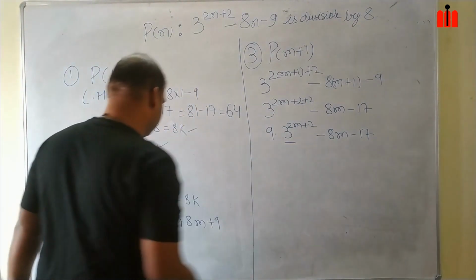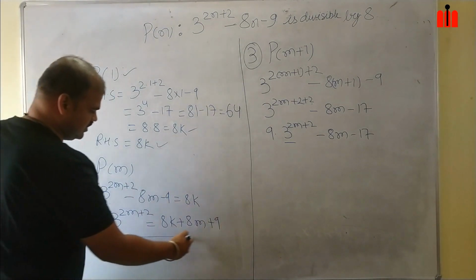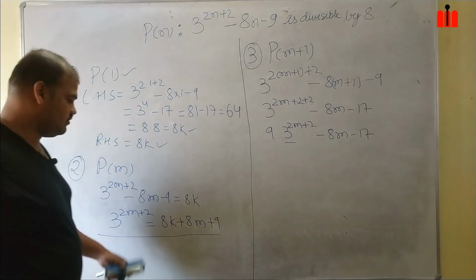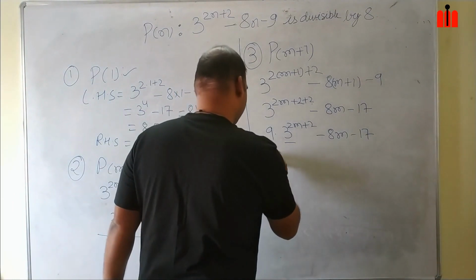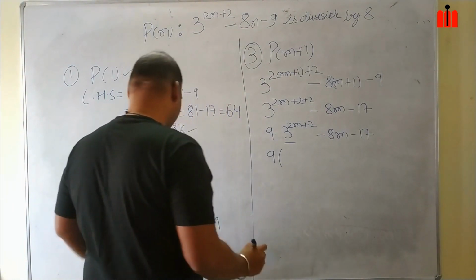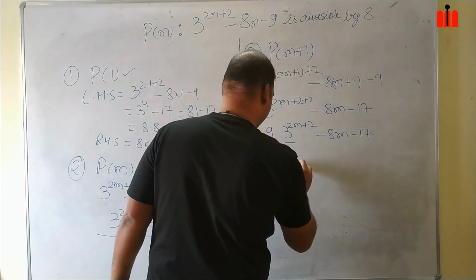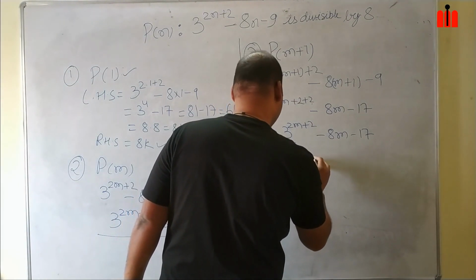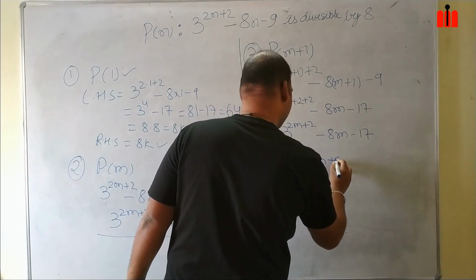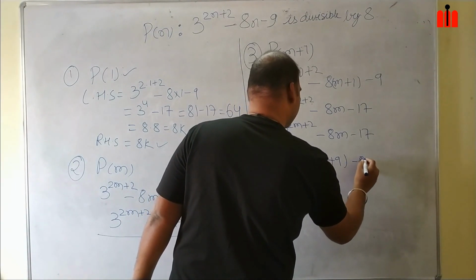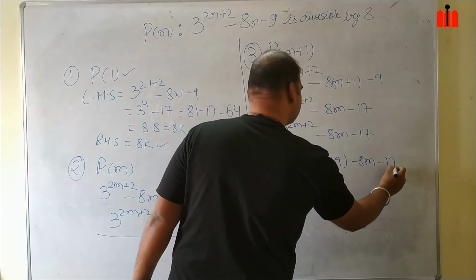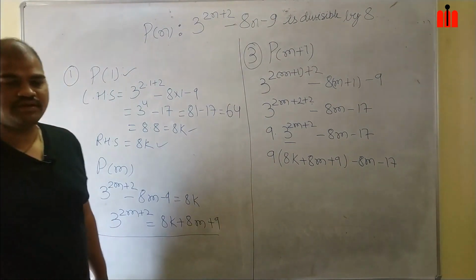What is this 3 to the power of 2m plus 2? I will substitute from here. So once I substitute from here, I will get 9 into 8k plus 8m plus 9 minus 8m minus 17, right?